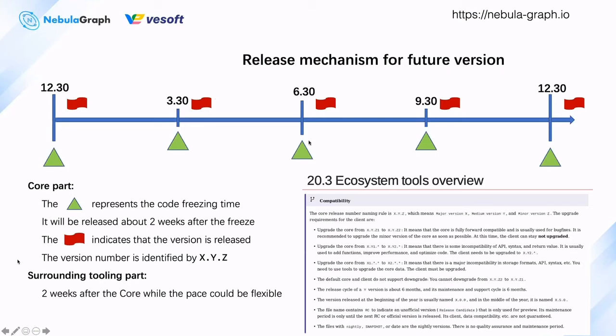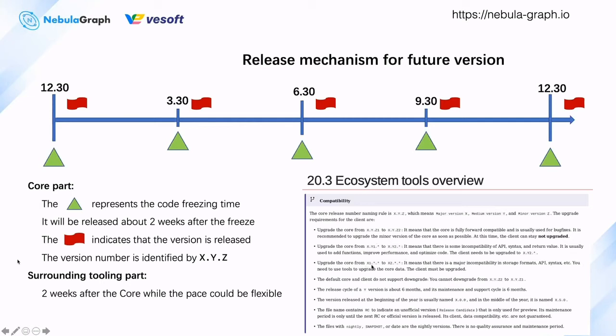We will have major, medium and minor points. In minor changes, normally we don't break the capability on the surrounding tool or client level. But when it comes to a medium change, you will have to upgrade the clients. And the major level will be a big difference.